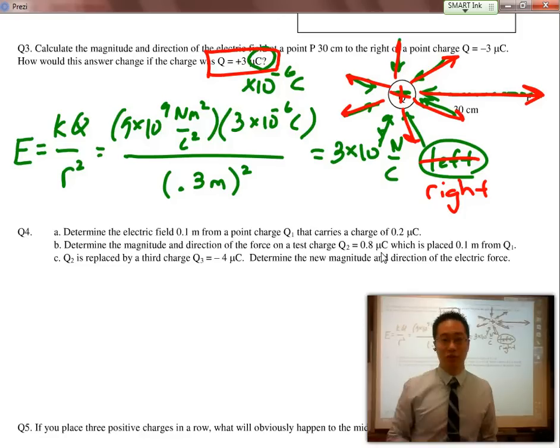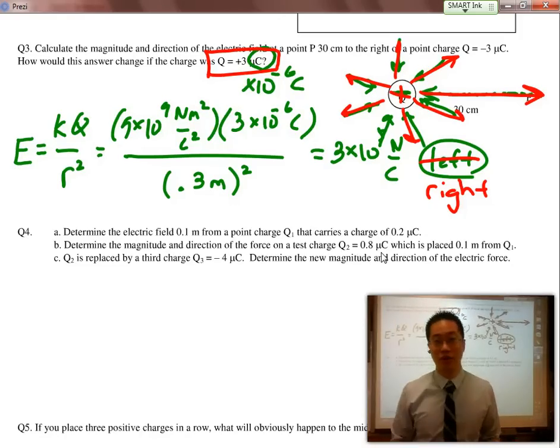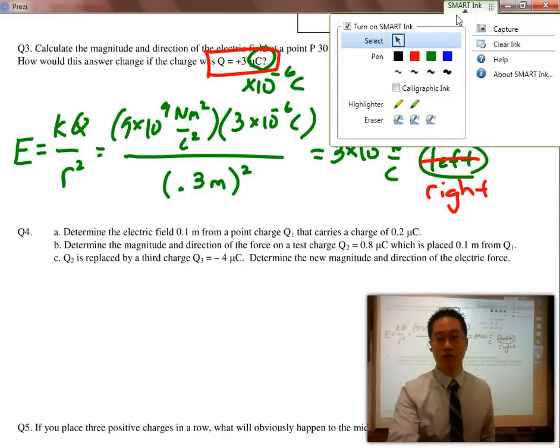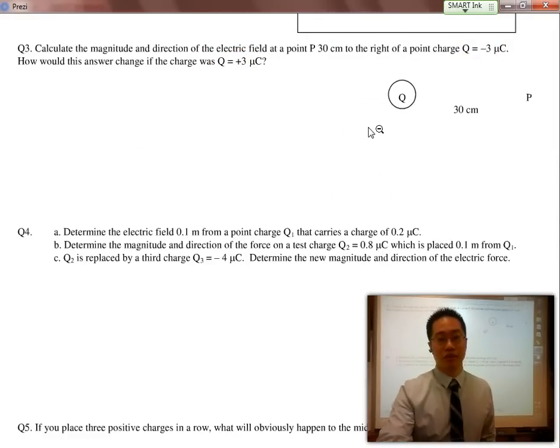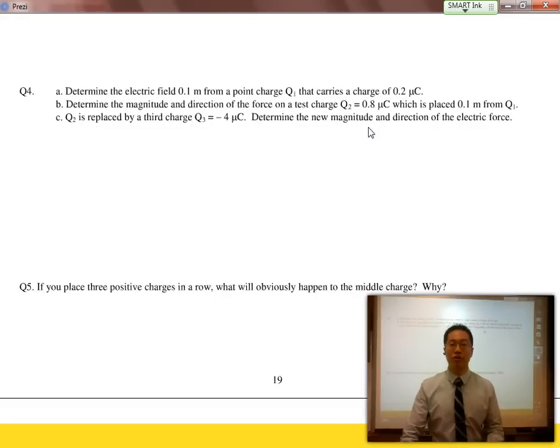Now, please note, is there actually anything at point P? No. It's just an empty point of space next to the charge. Just like with the Earth, if there was nothing on the surface of the Earth, you would still have the gravitational field, even if there is no mass at all to feel that weight.